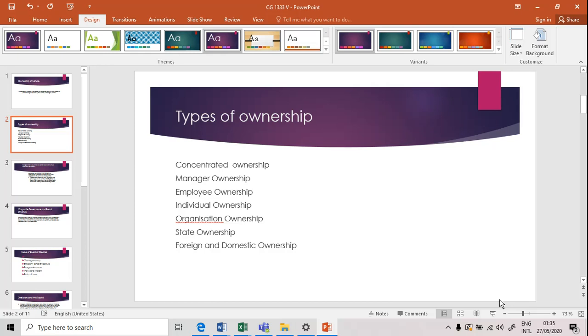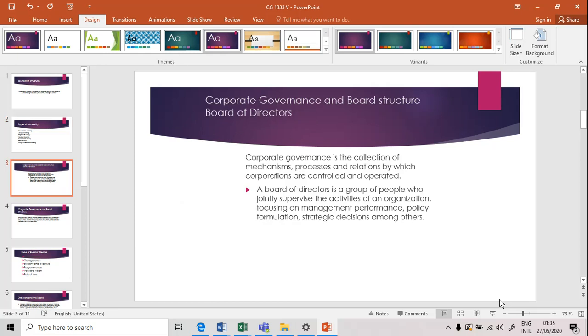Corporate governance and board structure. Nearly all companies are managed by a board of directors, and this board of directors is elected by shareholders. The reason they are elected is so they can run the company on their behalf.